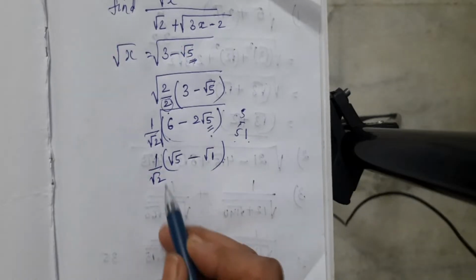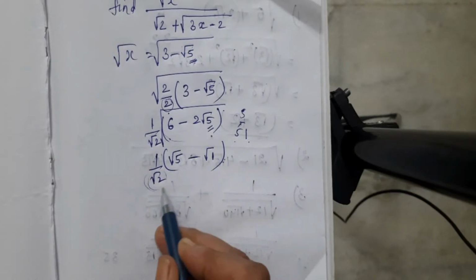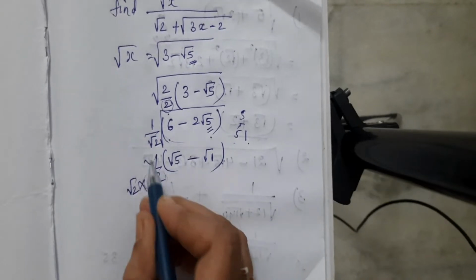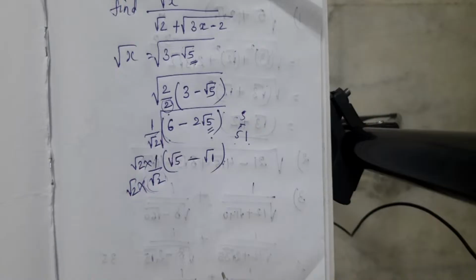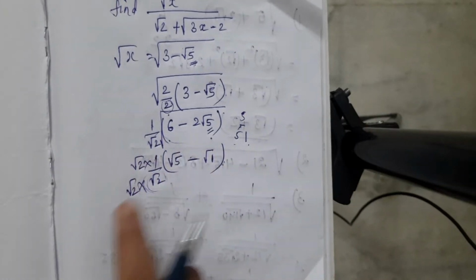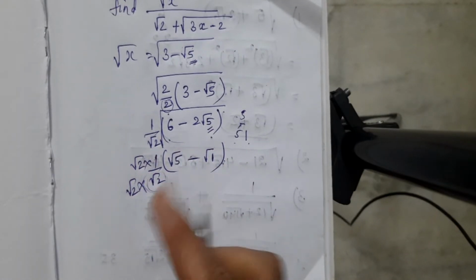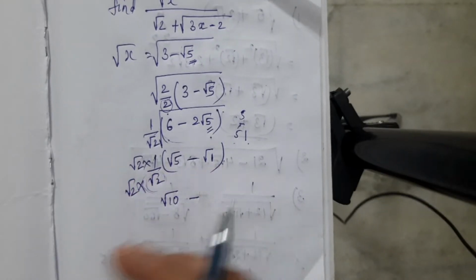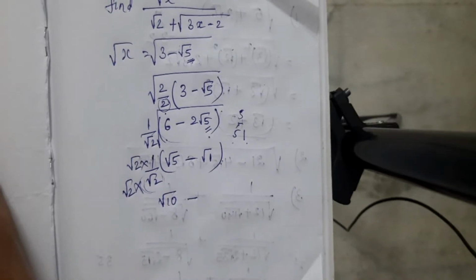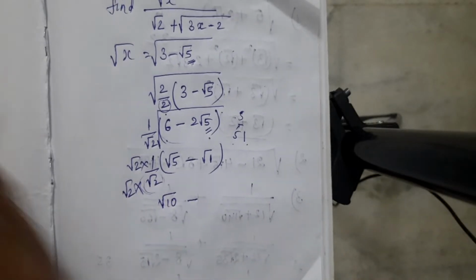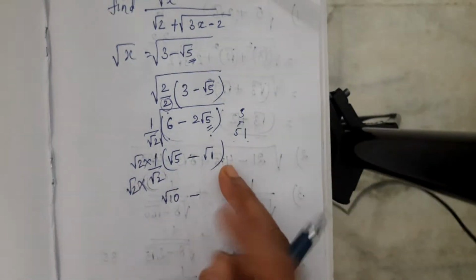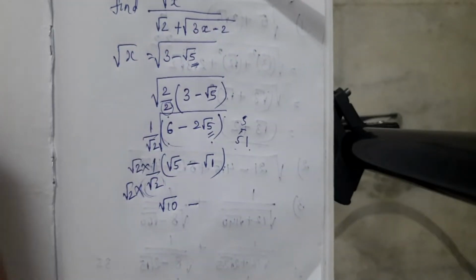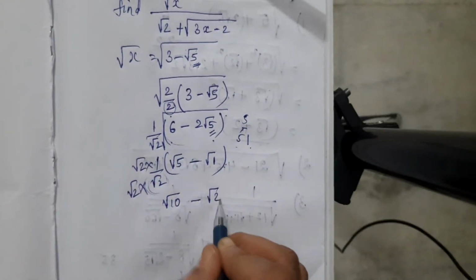The next step is root should not be there. So we are going to rationalize. Multiply the term by root 2, both numerator and denominator. Root 2 multiplied by root 5 is root 10, and root 2 multiplied by root 1 is root 2.